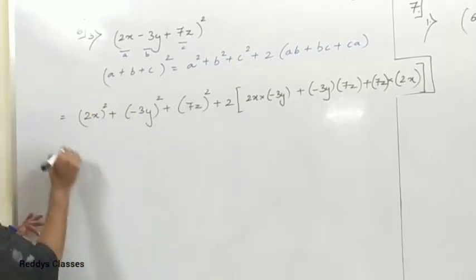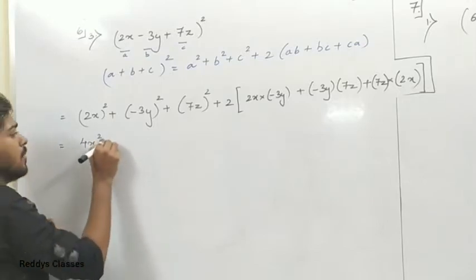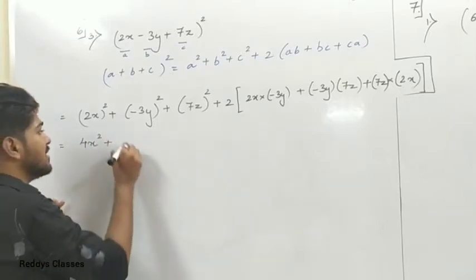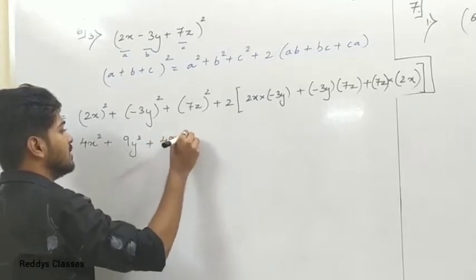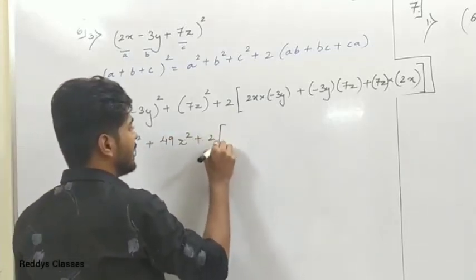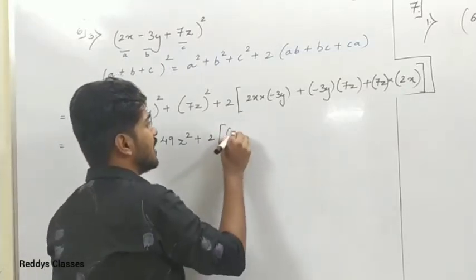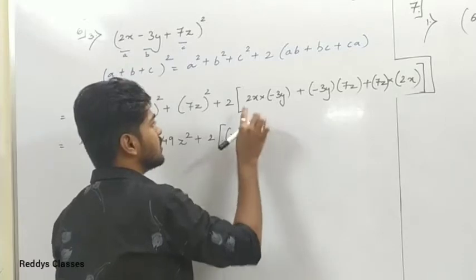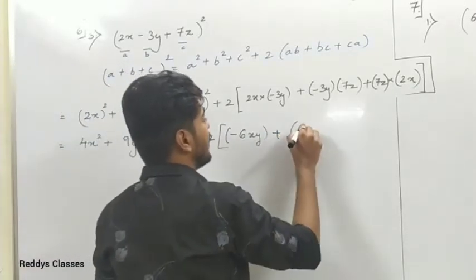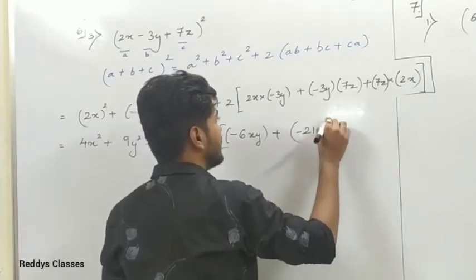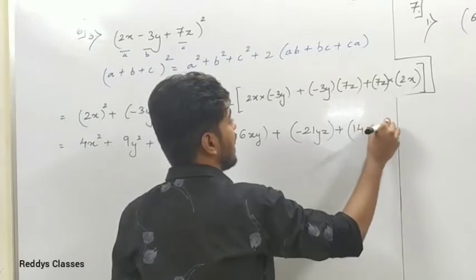Let us solve now. Square of 2 is 4, so 4x square. Minus squared becomes positive, 3 square is 9, so 9y square. Plus 7 square is 49z square. Plus 2 into, let this 2 be outside and let us solve the bracket inside. 2 times 3 is 6, it will give you minus 6xy because plus minus is minus. Plus 7 threes are 21, that is minus 21yz, plus 7 twos are 14xz.